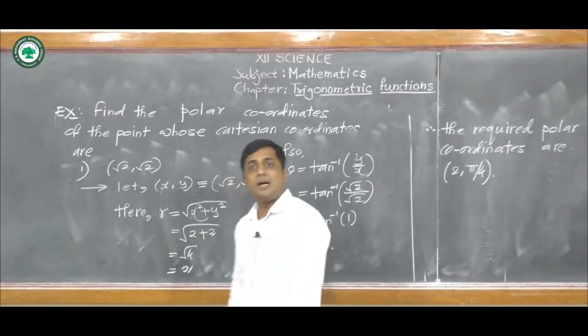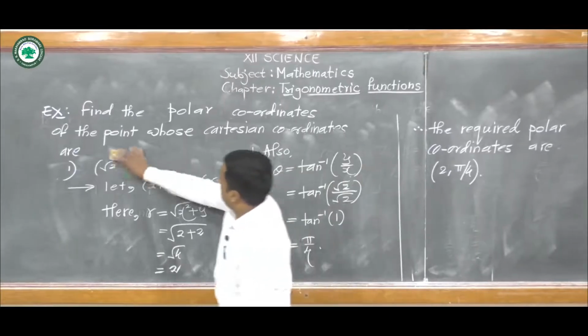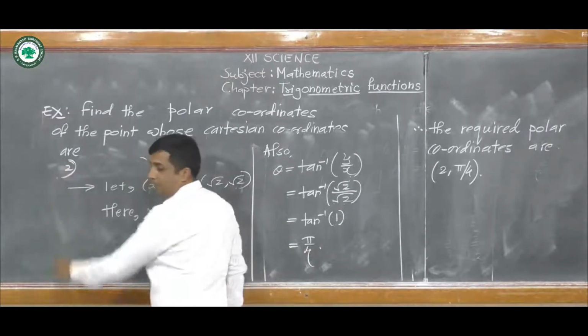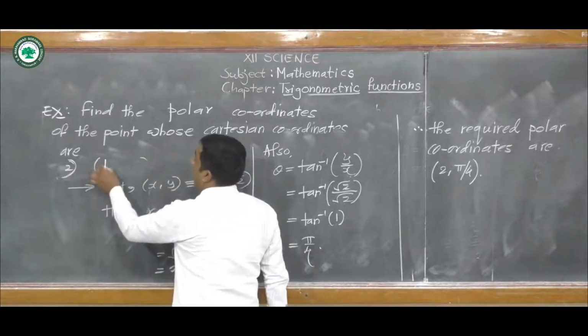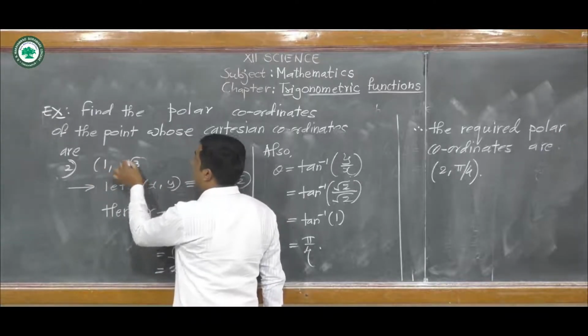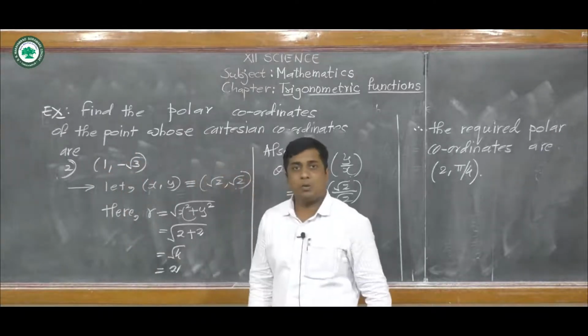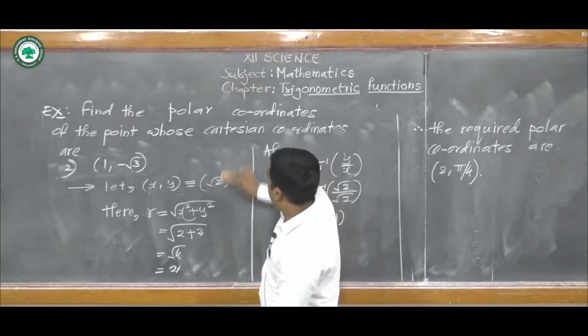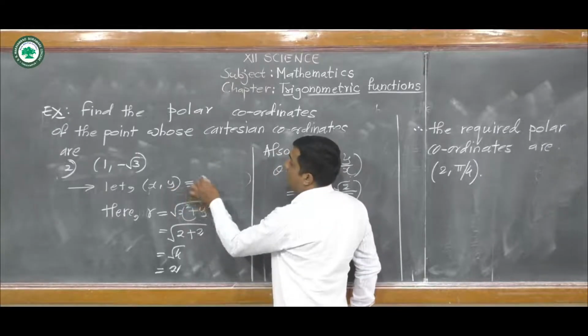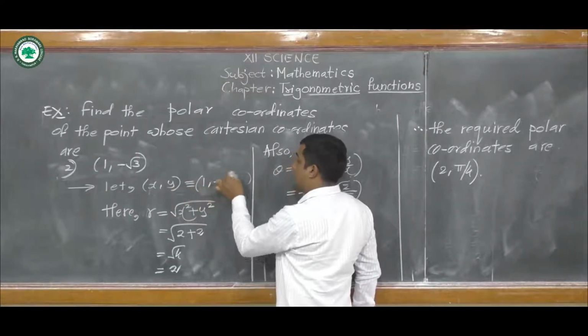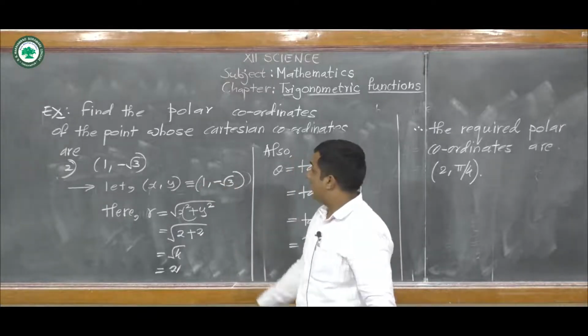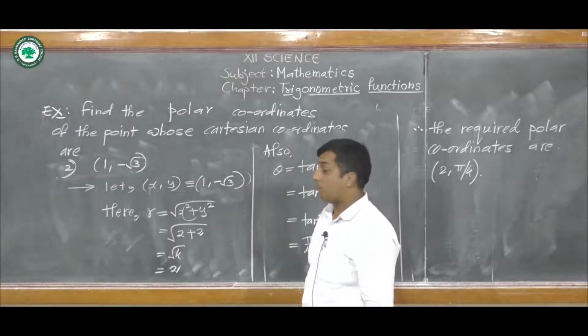Let us see one more example. Here the given point is 1, minus root 3. So this xy is equivalent to 1, minus root 3. Let's find r first to define the radius vector.